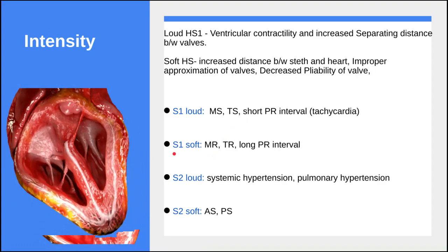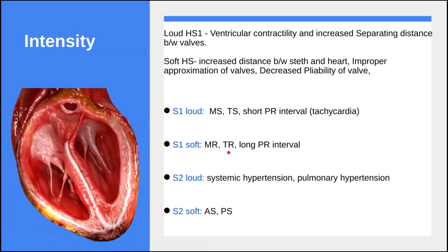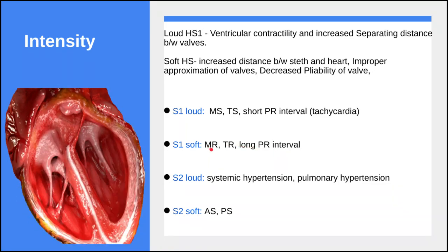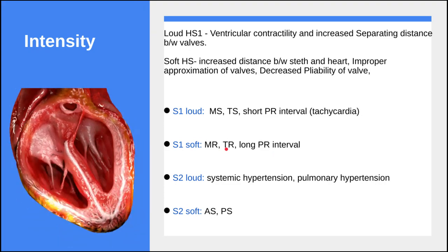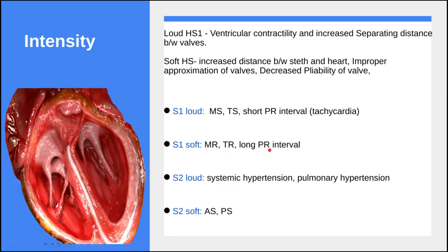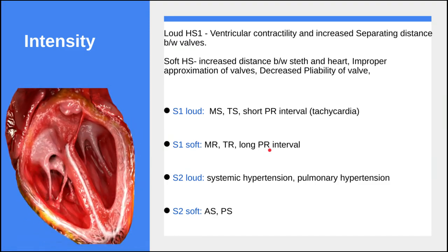Examples of soft S1 are mitral regurgitation, tricuspid regurgitation, and long PR interval, because MR and TR lead to improper approximation of the valves, and a long PR interval leads to decreased distance between the cusps.